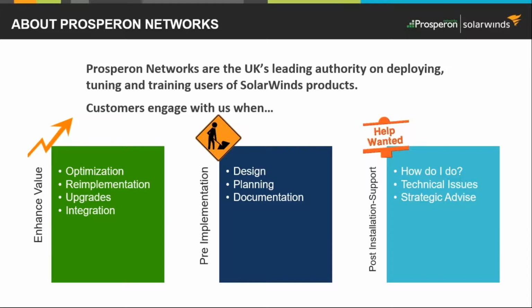But there's a common denominator: on pretty much every single occasion, you are looking to improve what you get out of the tool. You may be looking for ways of optimizing the platform, either based on performance or usability. You could be looking at trying to implement best practices to deploy automation mechanisms, or simply to get assistance with upgrading your modules. Perhaps you may be looking at ways of increasing the efficiency of the tool itself by integrating it with other systems of your ecosystem.